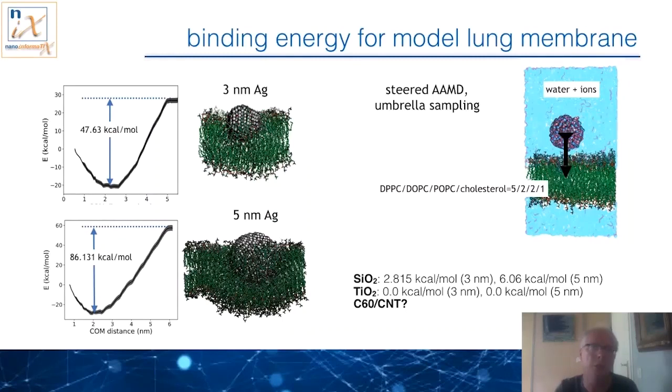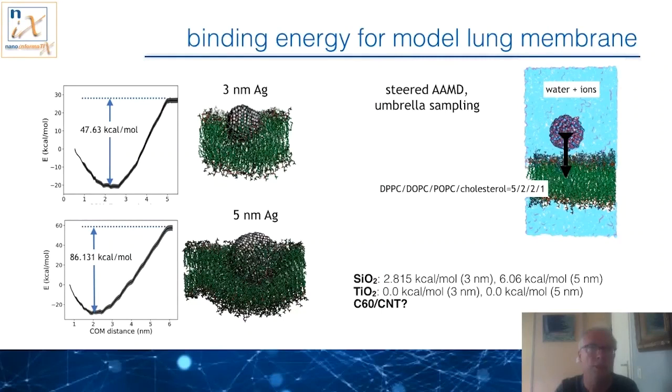So the binding energy is actually the energy that the system will gain by going from the solvent, which is in the plot on the right side, so far away from the nanoparticle. On the horizontal axis is the distance from the midplane of the membrane. And if you get closer to the membrane, it's actually attracted to the membrane.